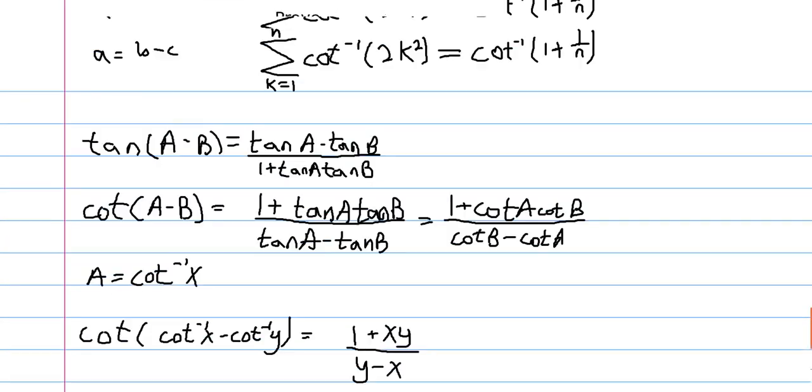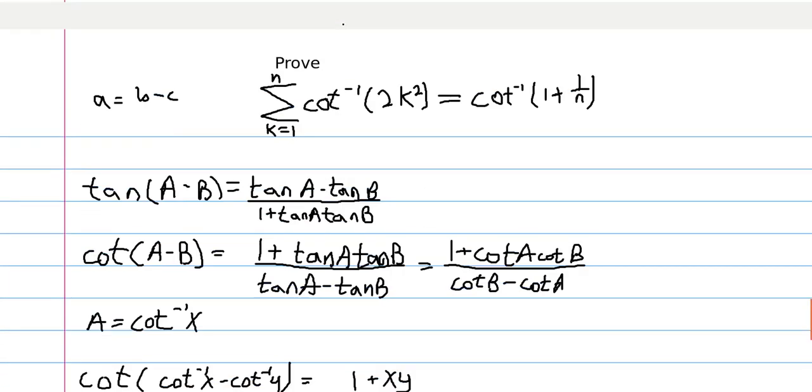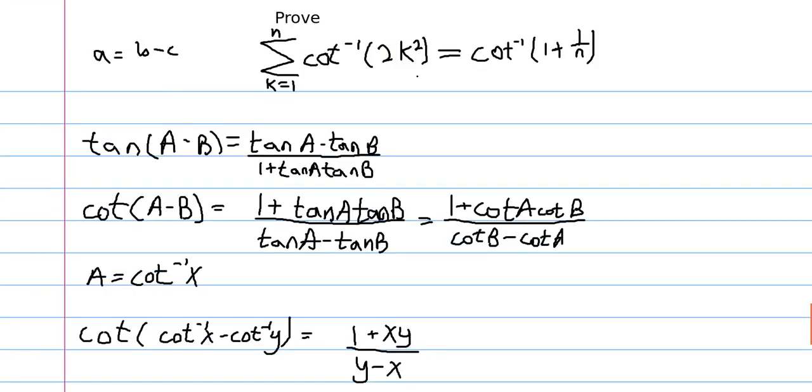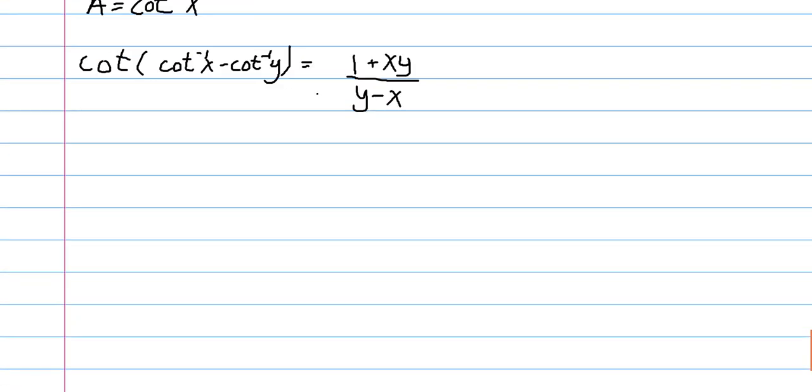But remember that we're looking at this trig sum, and we're dealing with inverse cotangents, so it's pretty easy to just take the inverse cotangent of both sides, and we get the addition formula that we wanted. Specifically, we want x and y such that 1 plus xy divided by y minus x is equal to 2k squared.